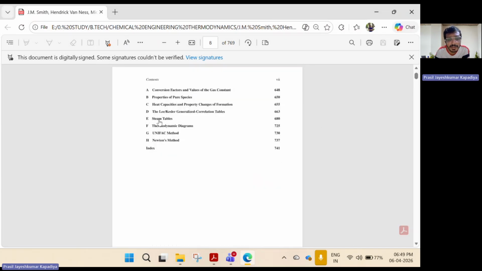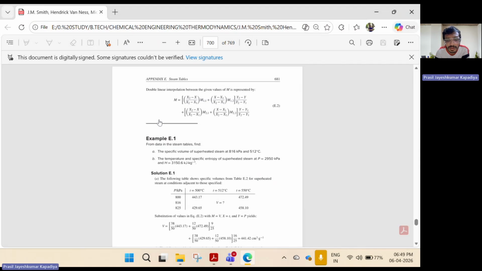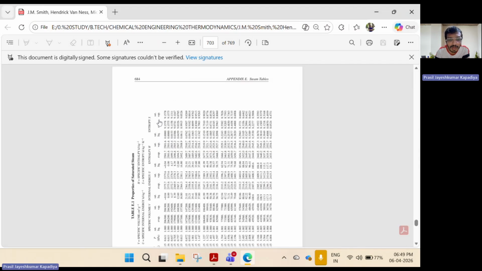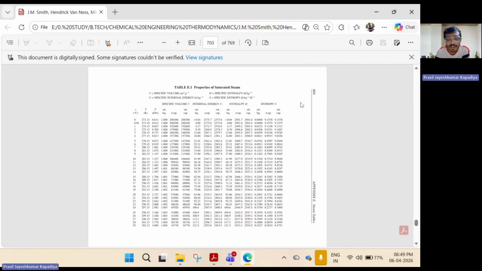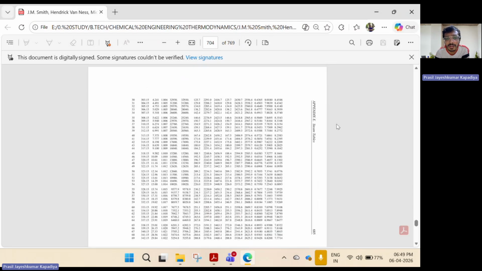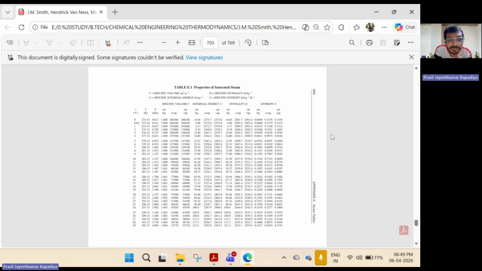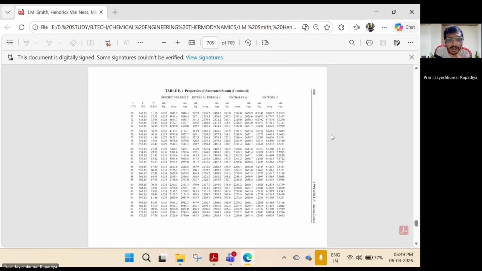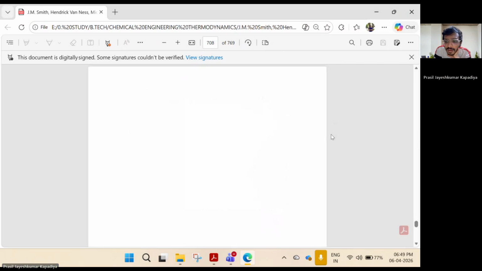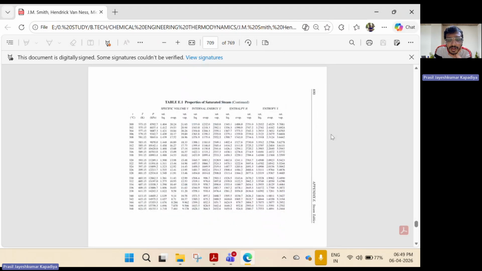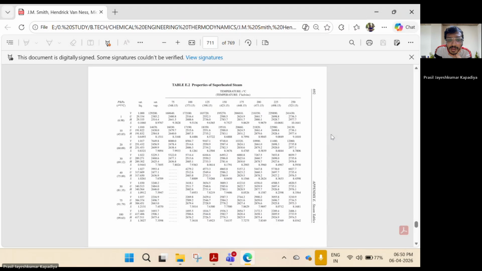So see, these are steam tables. We have this property of superheated steam.